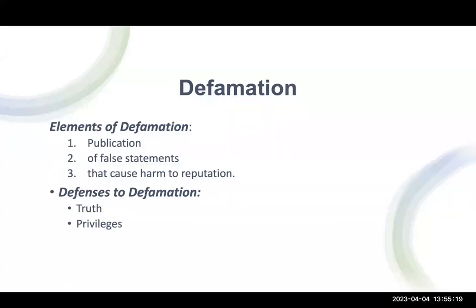If two people are talking together and one person says to the other false statements about that person, that is not defamation because there's no publication. They haven't communicated that to any third party. Again, the publication is putting it out into the public domain. And again, if it's a false statement, that causes a harm to reputation.